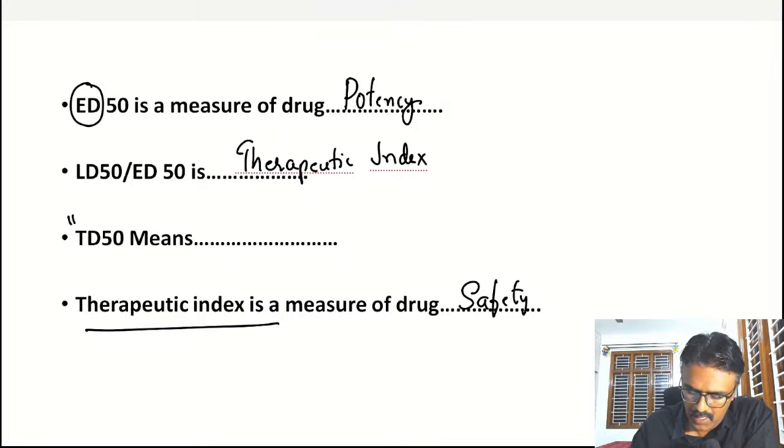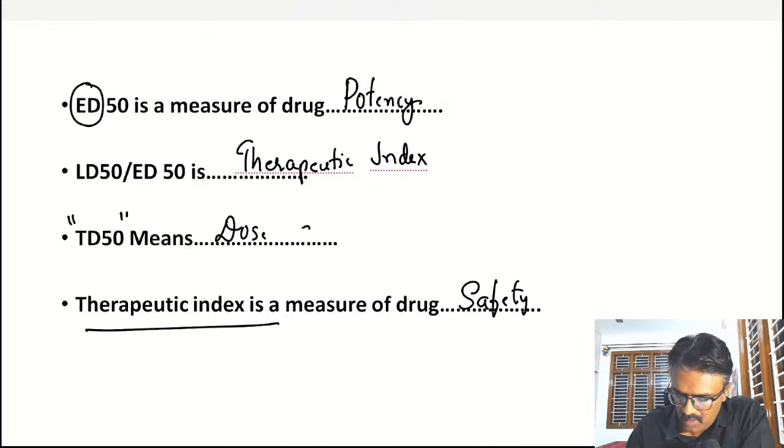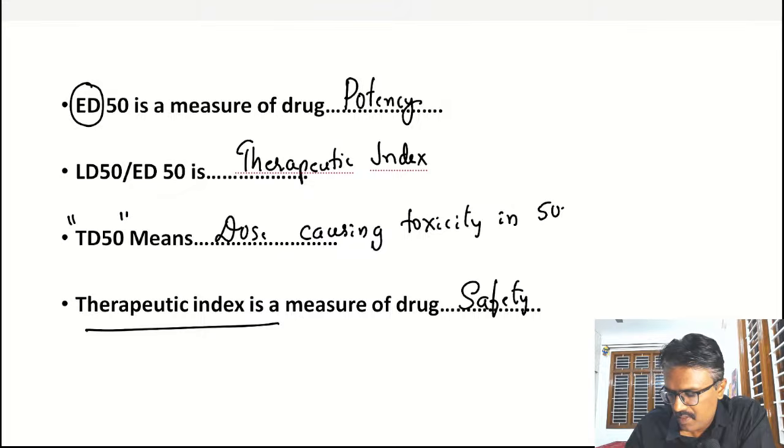What do you mean by TD50? TD stands for toxic dose 50. It is the dose causing toxicity in 50% of patients.